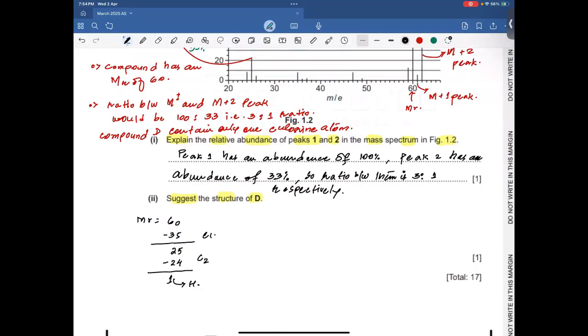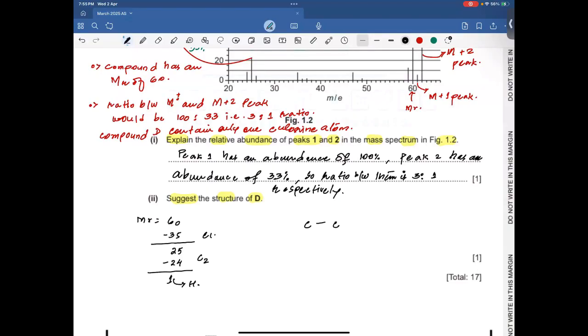And we need to find out the structure. Let's write two carbon atoms, one chlorine and one hydrogen atom. We know that each carbon forms 4 covalent bonds.